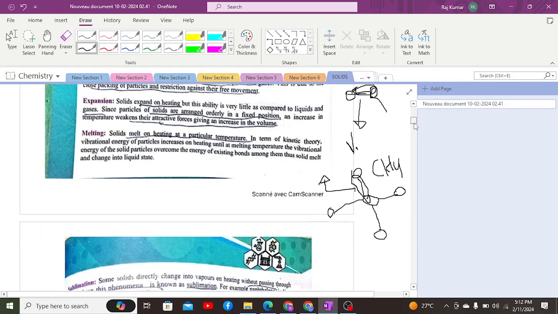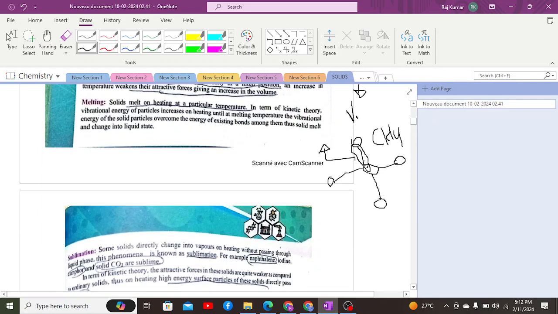This is basically a primary force of attraction, the van der Waals primary force of attraction. And here the motion accompanied would be a rotational motion, as a result of the hybridization model.